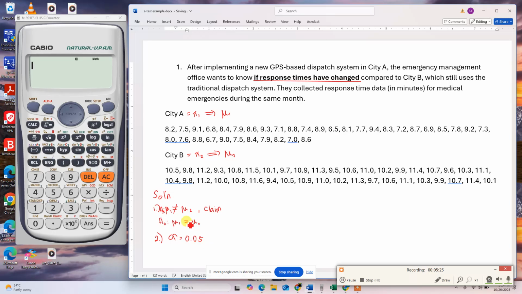Now, for us to identify the critical value, we need first to identify whether the given problem is a two-tailed test, a left-tailed test, or a right-tailed test. Based on our alternative hypothesis, in which mu 1 is not equal to mu 2, this is a two-tailed test.